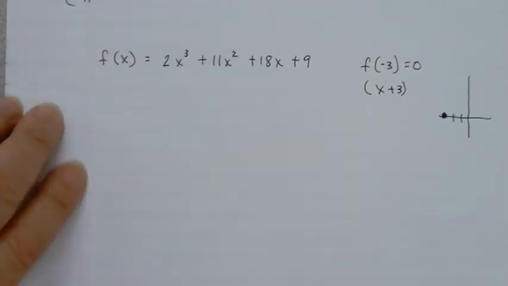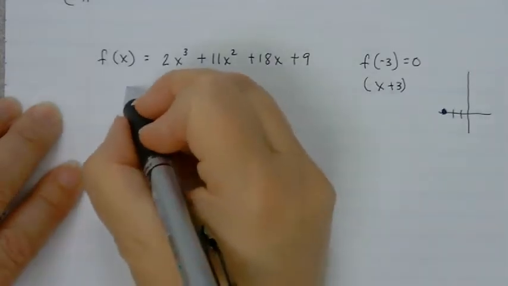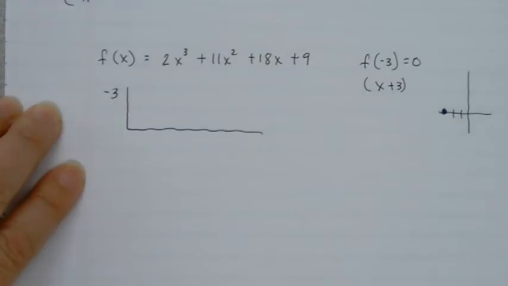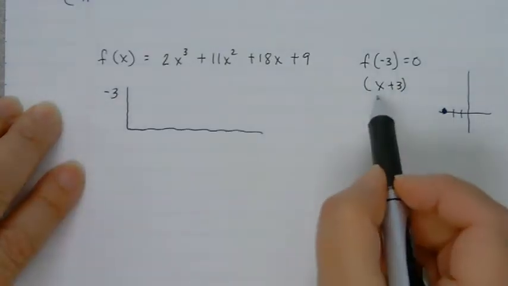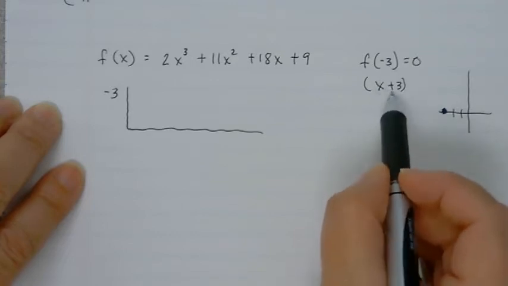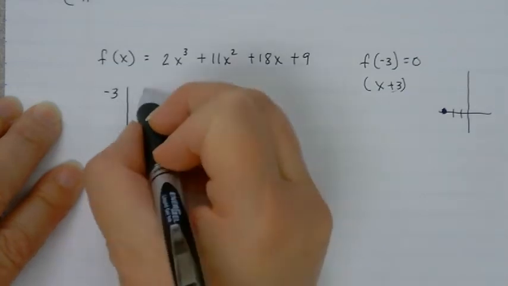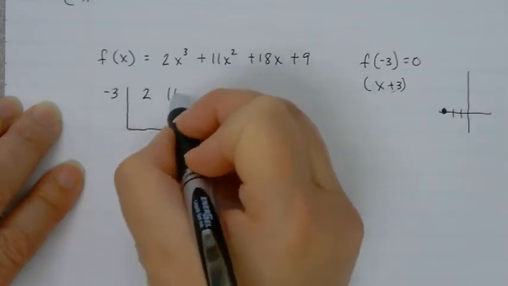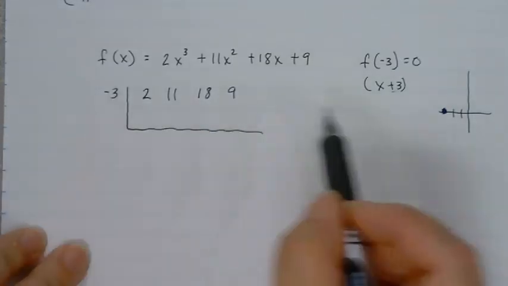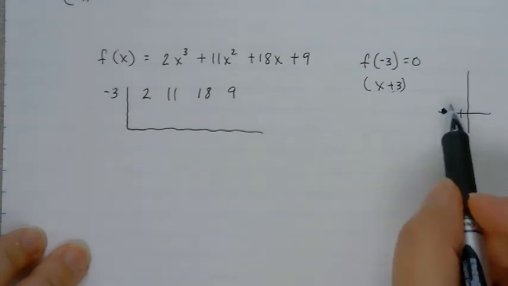X plus 3 was the factor that went with -3 as a 0. So once we know that -3 is a 0, I can use that in synthetic division to find more zeros. So since the factor is x plus 3, I know that the 0 is -3. Remember how we talked about putting the opposite right here? So I'm going to use the coefficient of each term. If I put in -3 as the input value, let's see what the output value is.